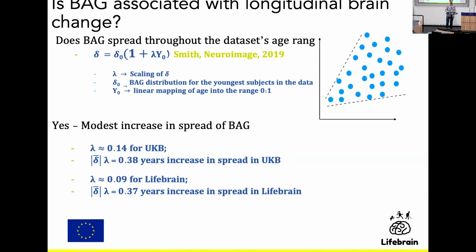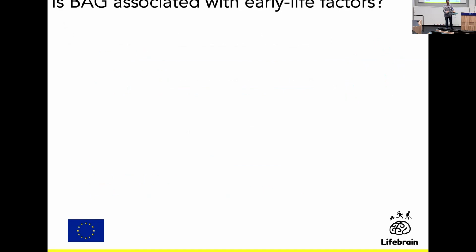So to sum up this part, cross-sectional delta is associated with ongoing brain change, but only quite modestly. I think this also relates to work people have been doing here, showing that cross-sectional and longitudinal MRI indices tend to have very weak correlations.